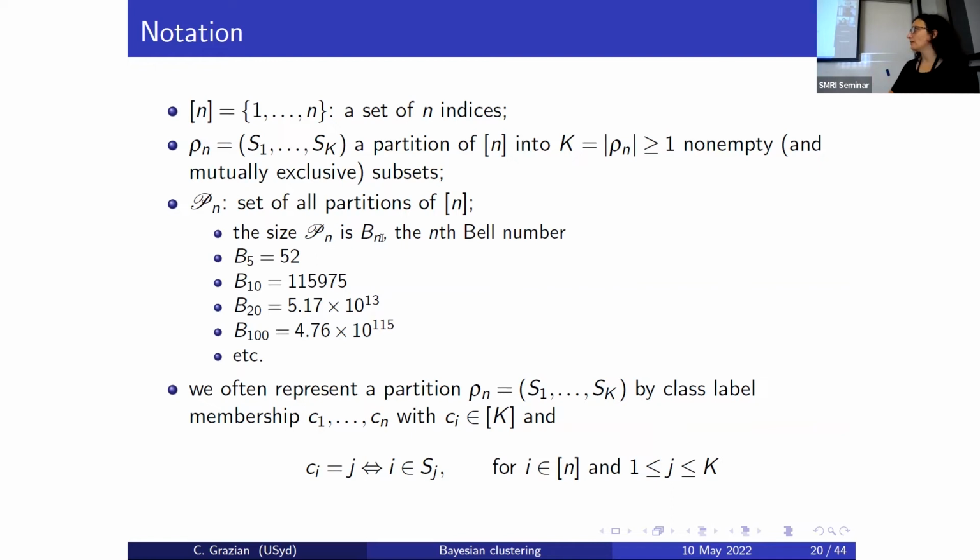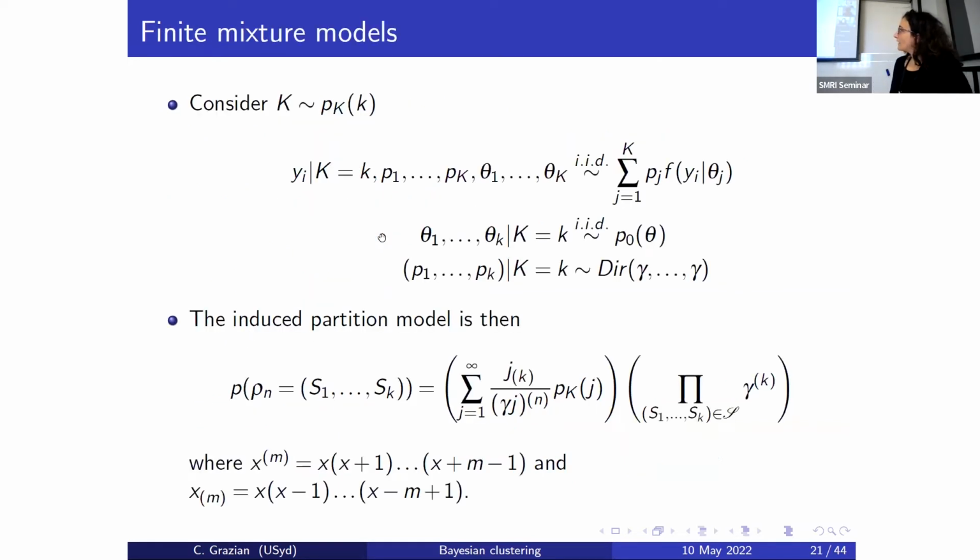And so depending on the sample size, the size may be extremely large. And so it's difficult to investigate all the space of the possible partitions, and so to derive some estimation. So the shape of the partition model induced by a finite mixture model, or in general a mixture model, has this shape here.